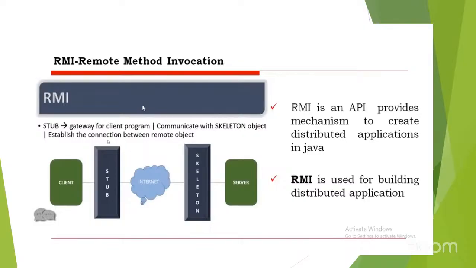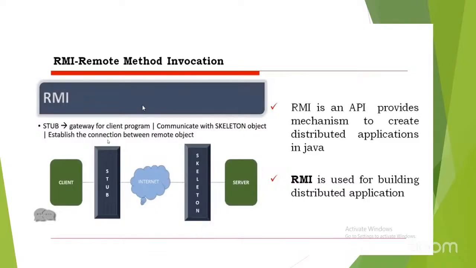But here RMI uses, at the client side, one gateway, the stub, displayed in blue color. Just note this diagram also. RMI uses a stub as a gateway before the internet communication, and on the server side one more gateway is used, the skeleton.